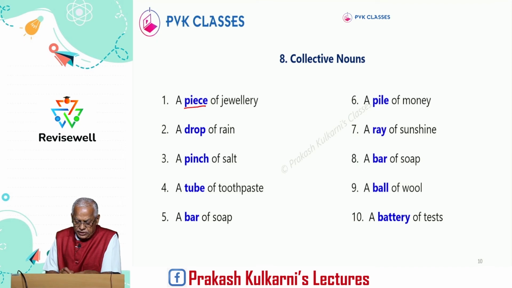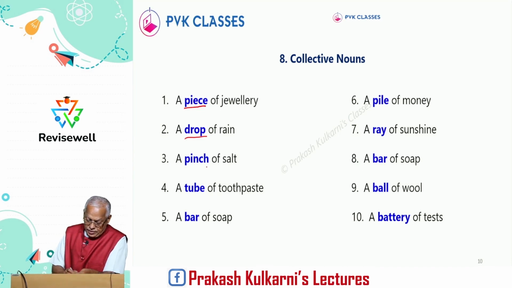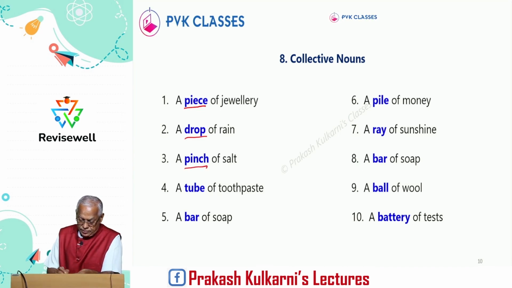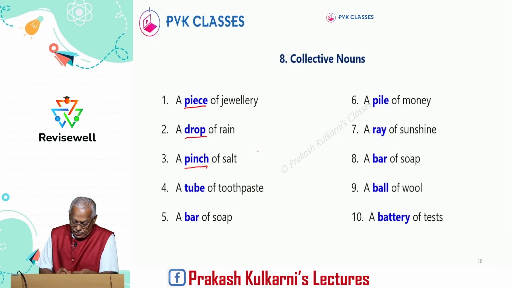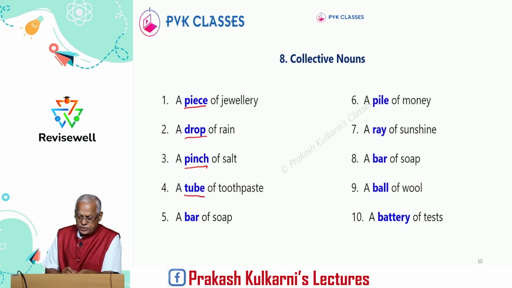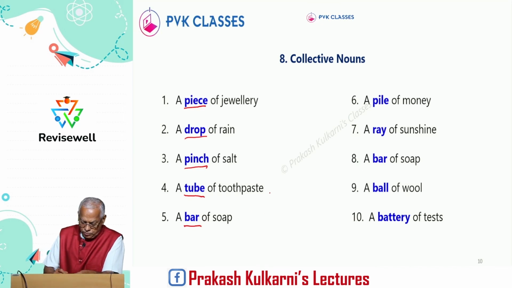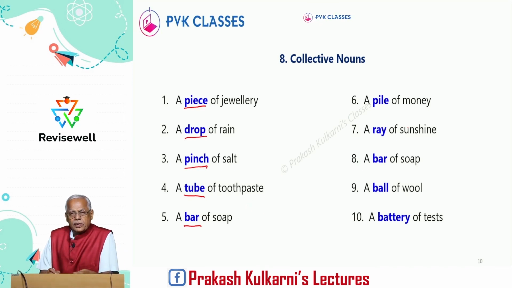A piece of jewelry, a drop of rain, a pinch of salt. Now, please remember, these are all related to things. A tube of toothpaste, a bar of soap, washing soap, a bar of soap, a pile of money, a pile.